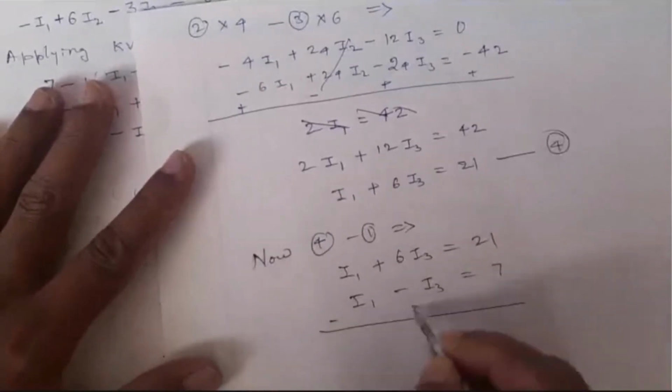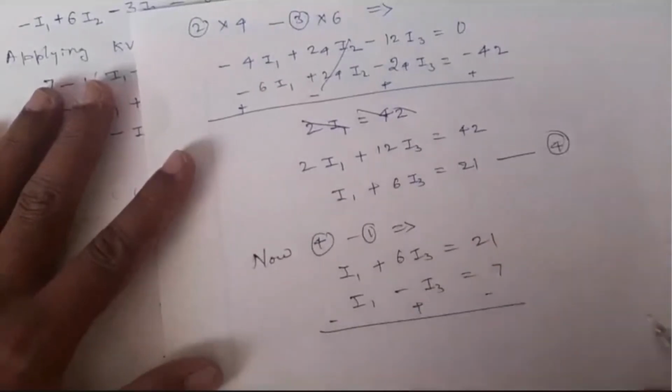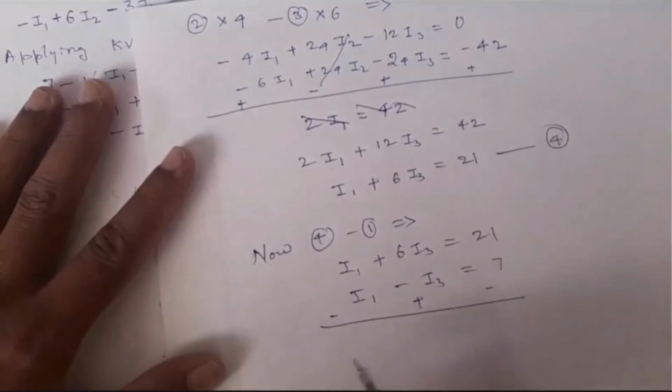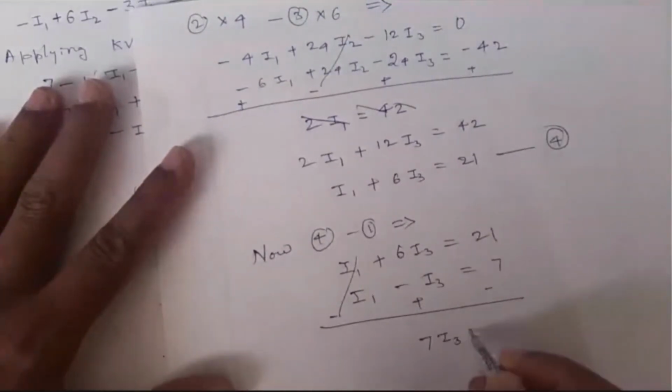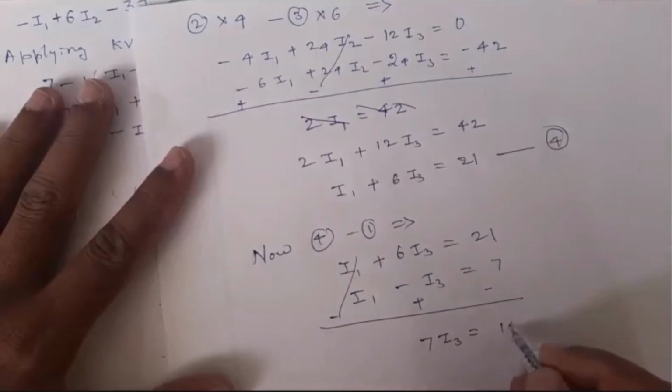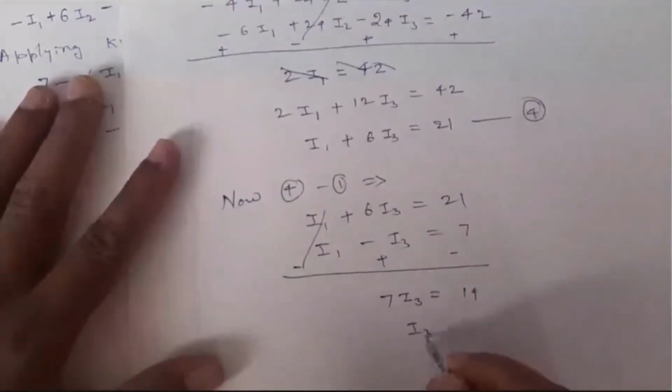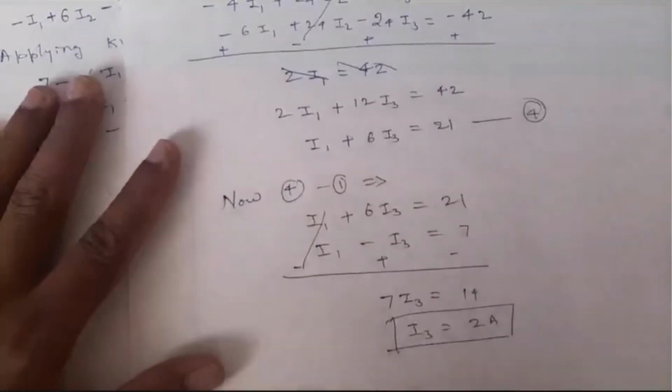So this is minus, this is plus, and this is minus. Okay, so I1 will get cancelled now. 7I3 is equal to 14. Because of that, I3 is equal to 2 ampere. You found one mesh current, right?